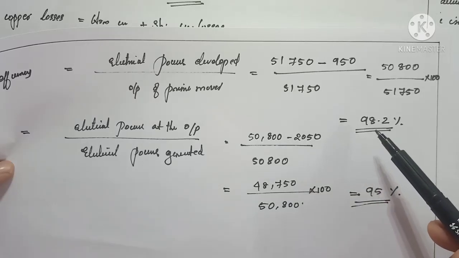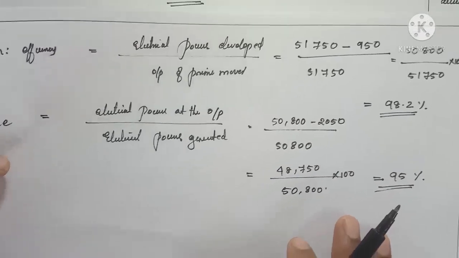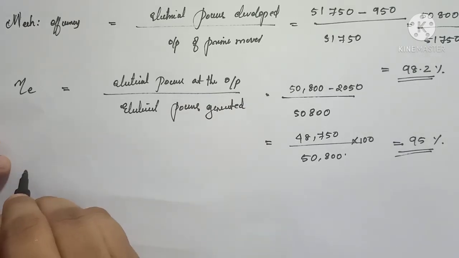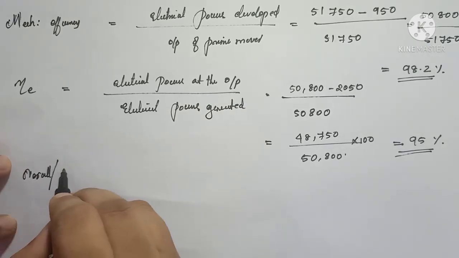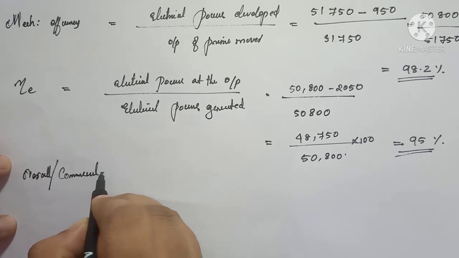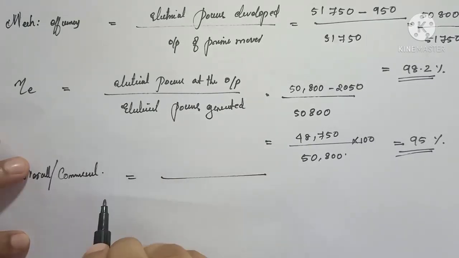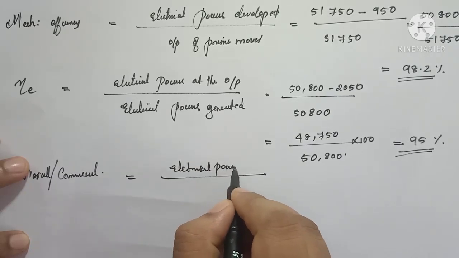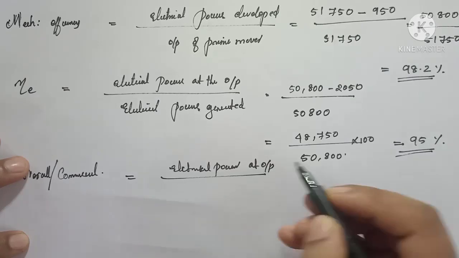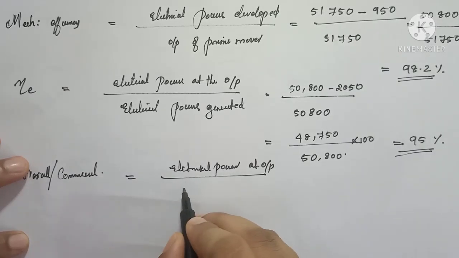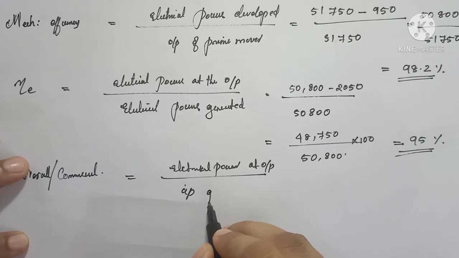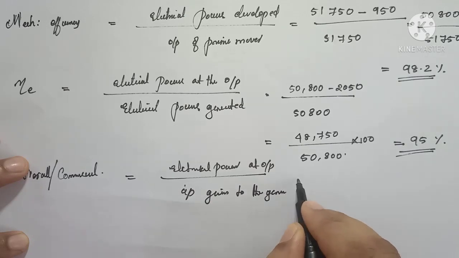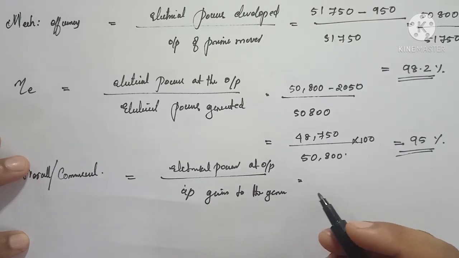From this stage efficiency is decreasing. And we can calculate the overall or commercial efficiency. Overall or commercial efficiency is nothing but electrical power at the output divided by the input given to the generator, or output of the prime mover.